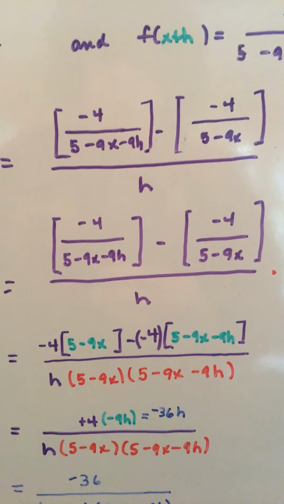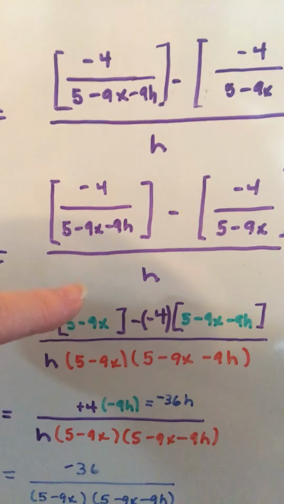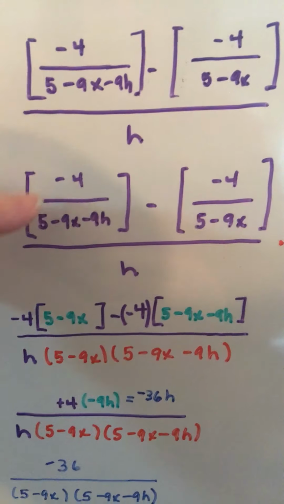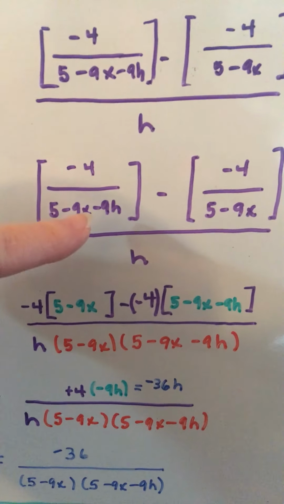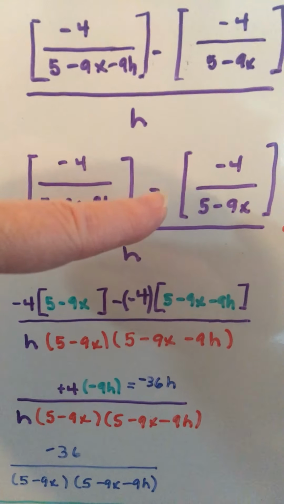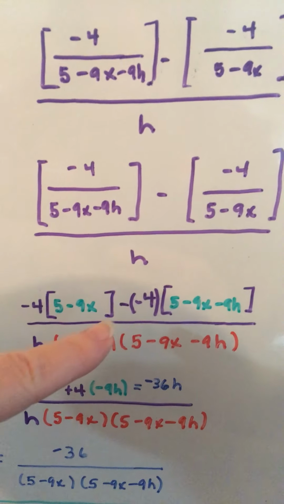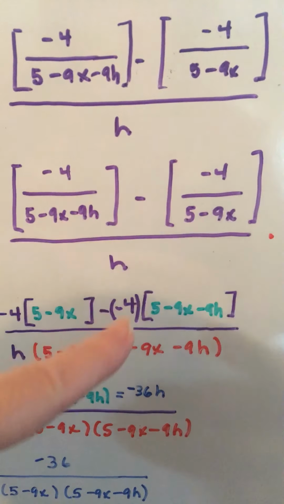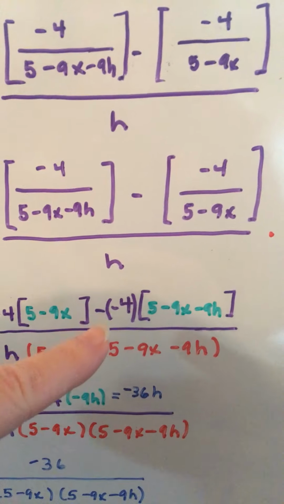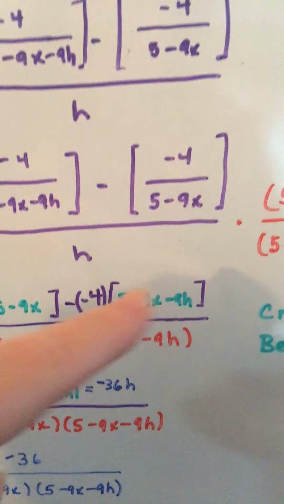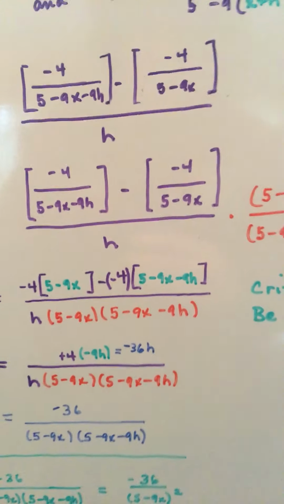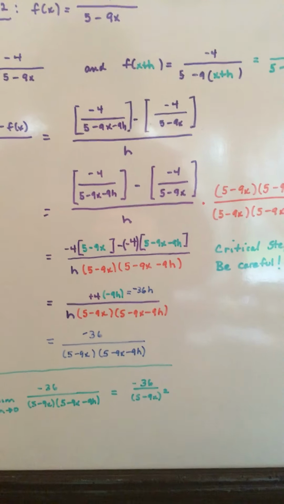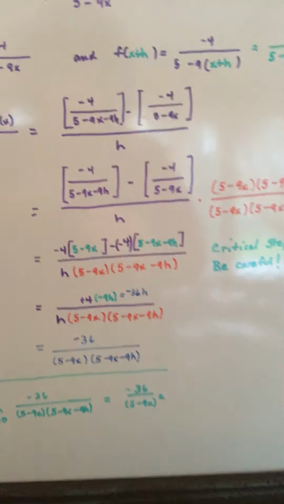And notice, when I do it the first way, here's what gets confusing. Negative 4, I put it in front, and it was missing the 5 minus 9x. Now I have the minus sign, and I have a negative 4. So I have a minus, a negative, and then this one was missing the 5 minus 9x minus 9h. Remember, this is the critical step.